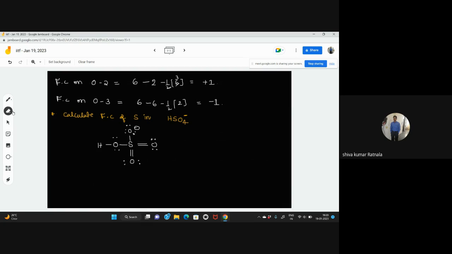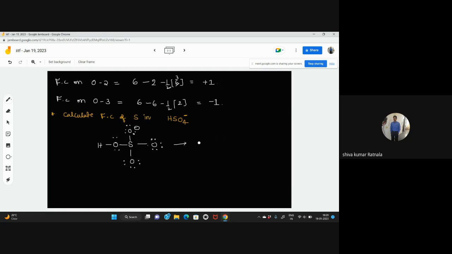So Lewis dot structure, no. So here we will have single bonds only. Sir, but we can take... no, sulfur, actually we can't take 2. Why? Because as per Lewis dot structures, it cannot have beyond 8.